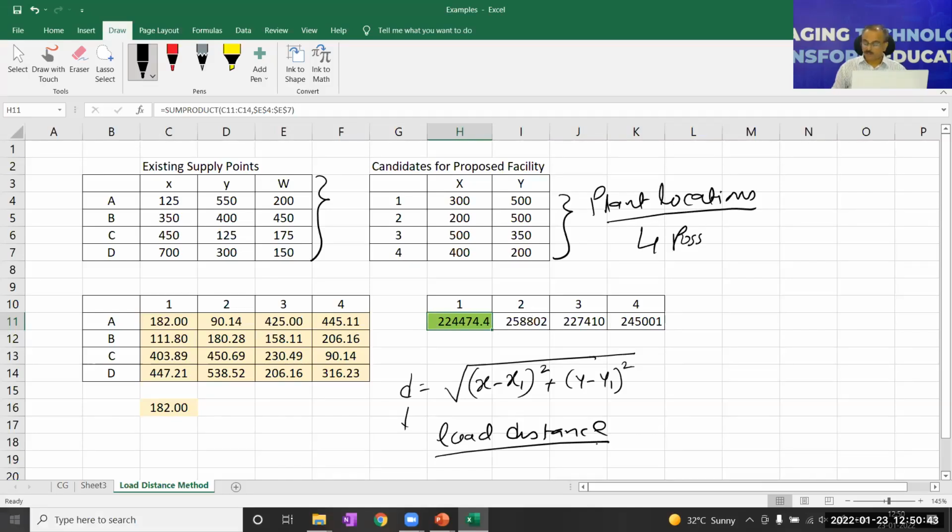So for each location, you have to establish the load distance, which is nothing but weight multiplied by the distance.